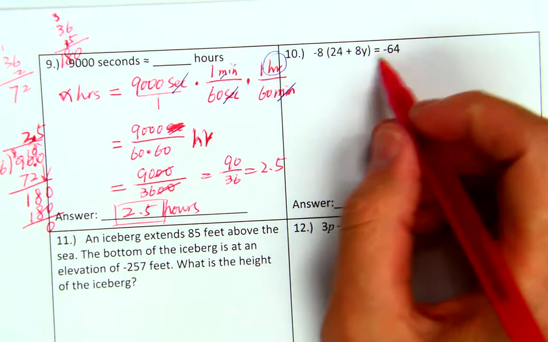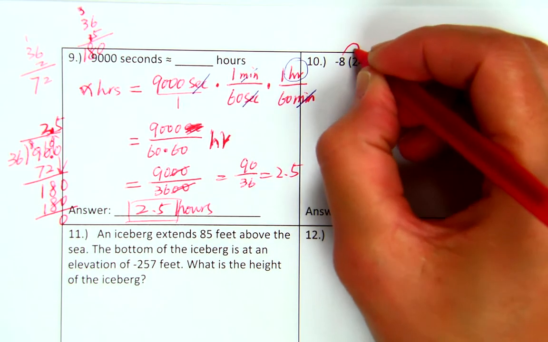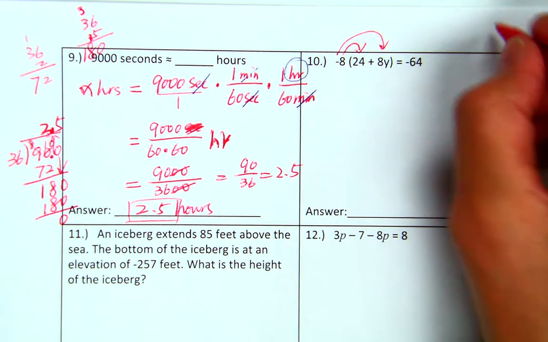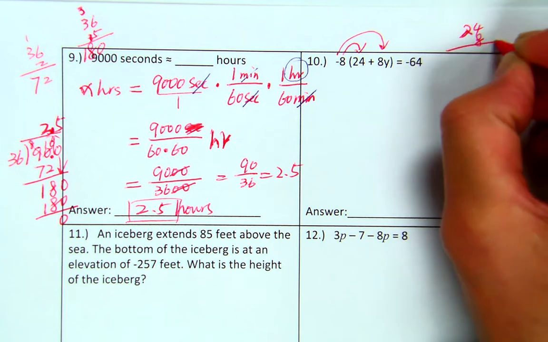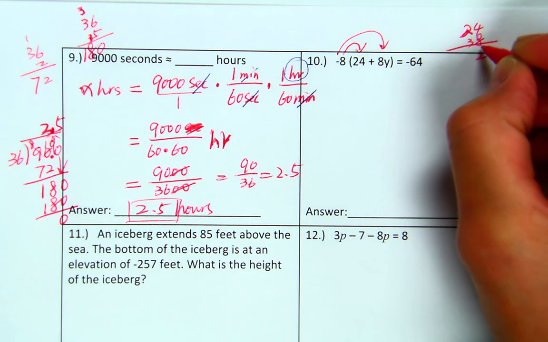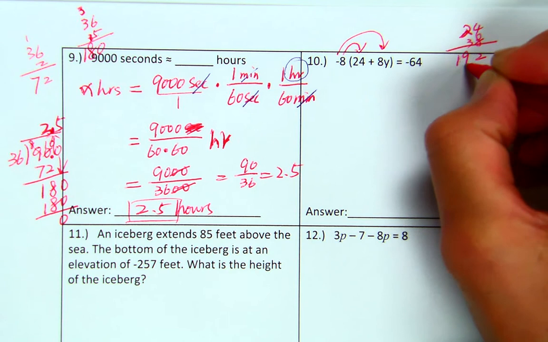Right? Now let's do this. There's 2 ways to do it, but I'm going to just do the distributive property. So negative 8 times 24. If I set it up, 24 times 8, 4 times 8 is 32. 2 times 8 is 16 plus that 3, it's 192.